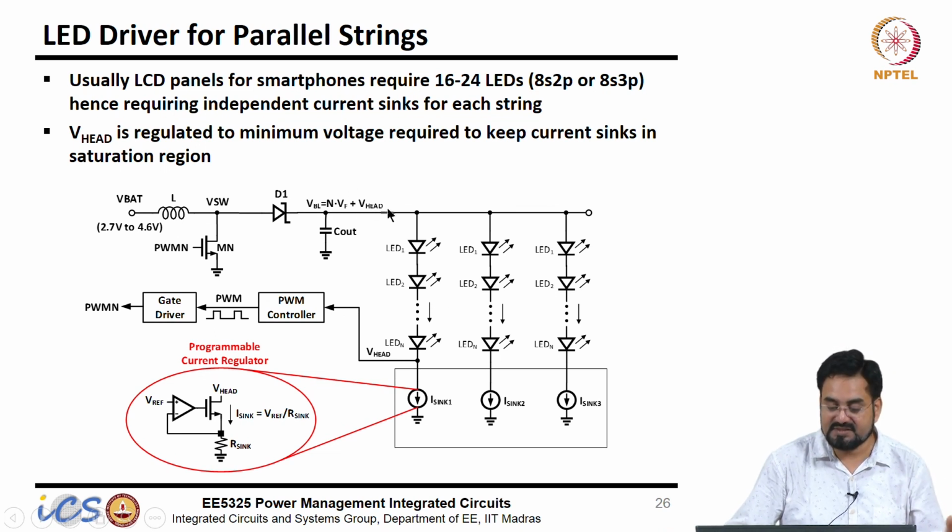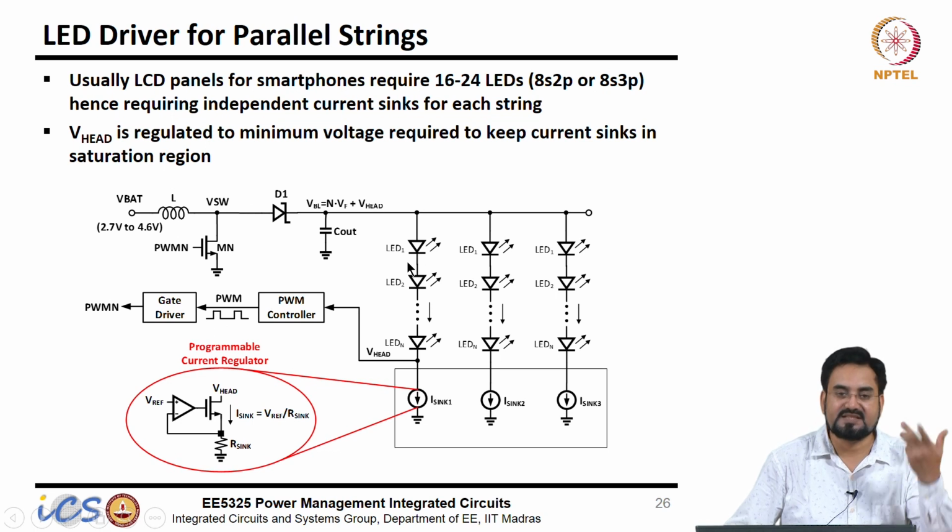Let us say I have designed a regulator to boost to this particular voltage, and somebody changes the number of LEDs in a string, and wants to use the same regulator. Then what would happen? Obviously it will regulate the current. So let us say there were 8 LEDs and the voltage required here was 28 volt or so.